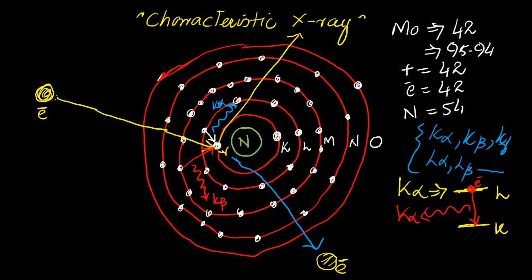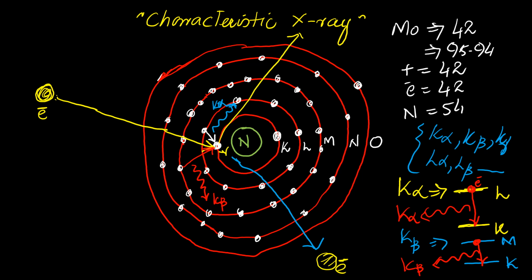So in K beta X-rays, an electron from the M shell jumps into the K shell. Suppose this is an electron present in the M shell and it jumps into the K shell, it releases X-rays, and these are known as characteristic K beta X-rays.